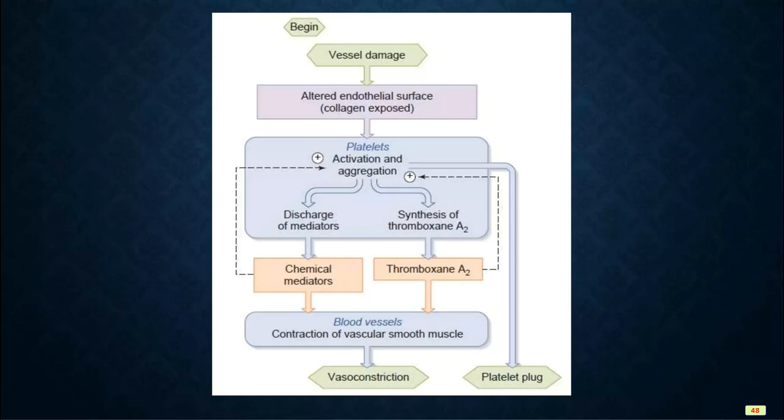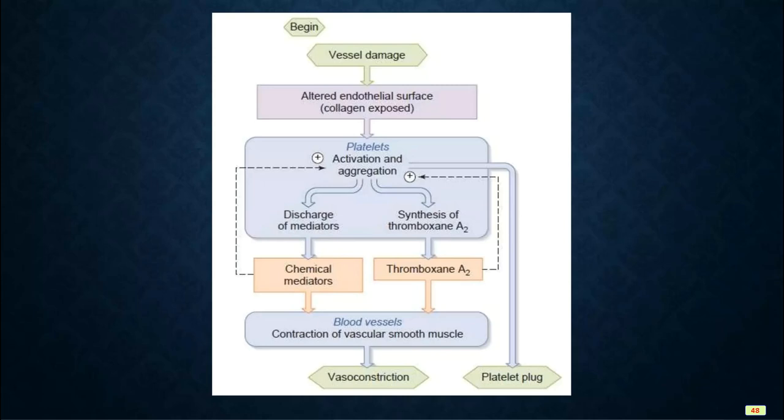Then this is the beginning of the vessel damage, then an altered endothelial surface, wherein the collagen fibers get exposed to the outside environment, and immediately the activation of the platelets takes place, then aggregation and discharge of mediators like serotonin.